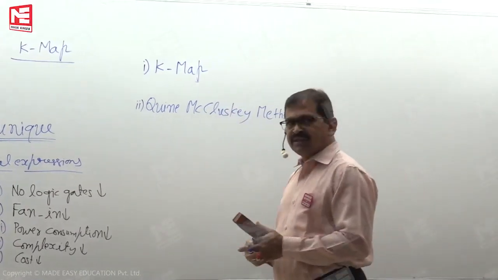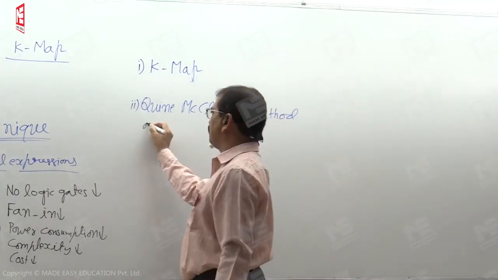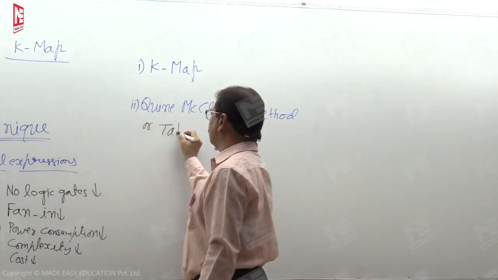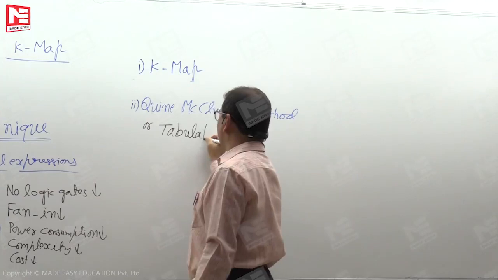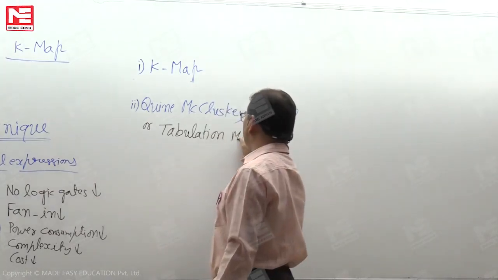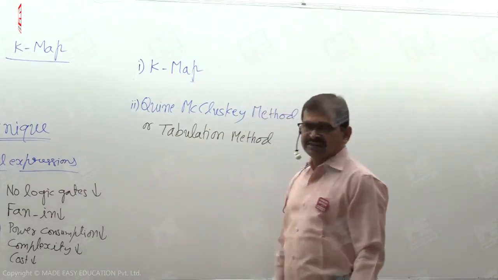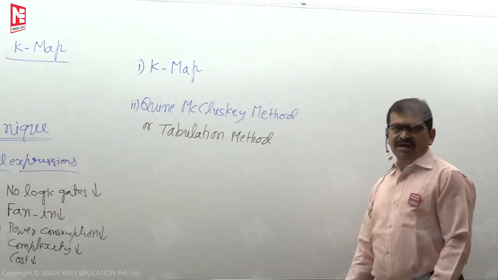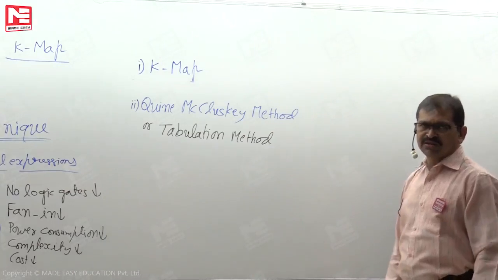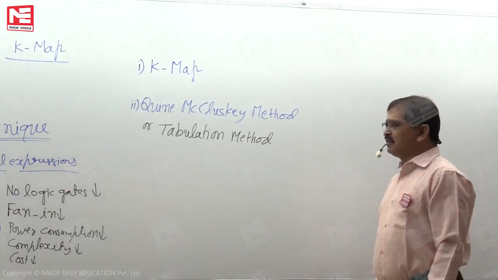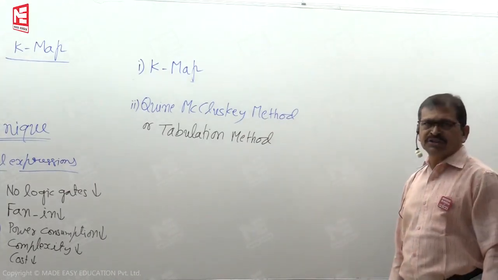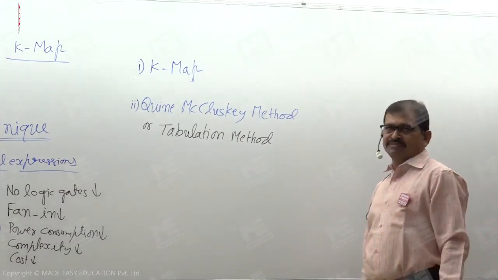The Quine-McCluskey method is also named the tabulation method or tabulation procedure. Basically, these are the two systematic procedures for reading the minimal expressions.